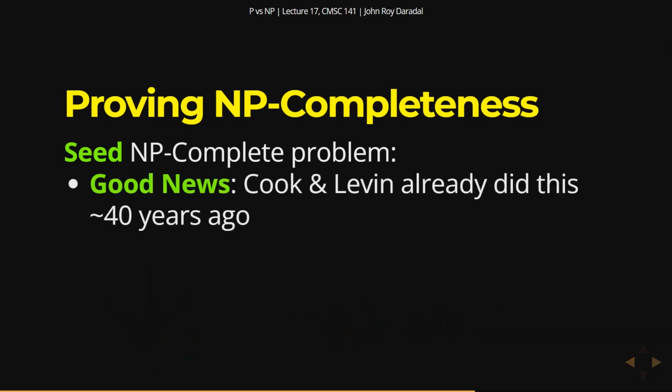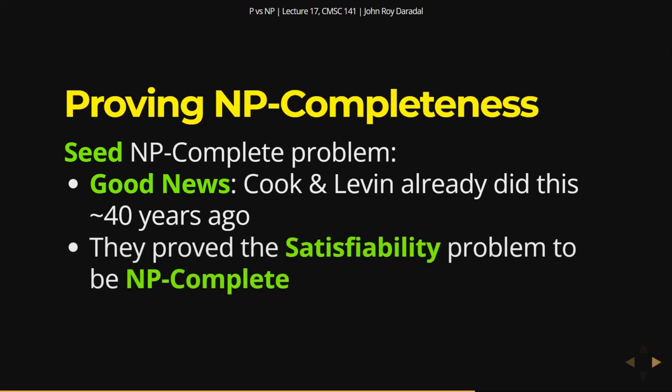So the good news is that Cook and Levin already did this about 40 years ago. They proved that the satisfiability problem is NP-complete. So this satisfiability problem turned out to be the seed NP-complete problem, and it is being used to show that other problems are NP-complete as well.